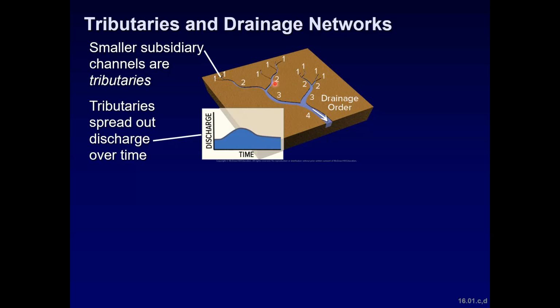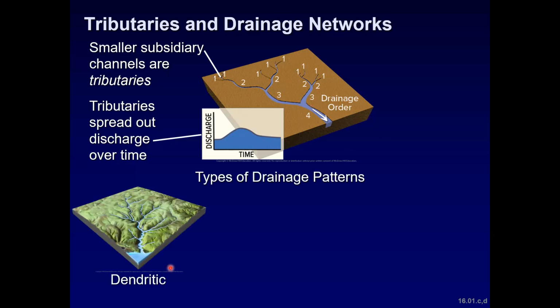You can see there's a corresponding 2 here. And those feed into this channel, and we say that drainage order is 3, and then ultimately it feeds into 4. Okay? And understand that tributaries spread out stream discharge over time. So that's dendritic, like a tree.